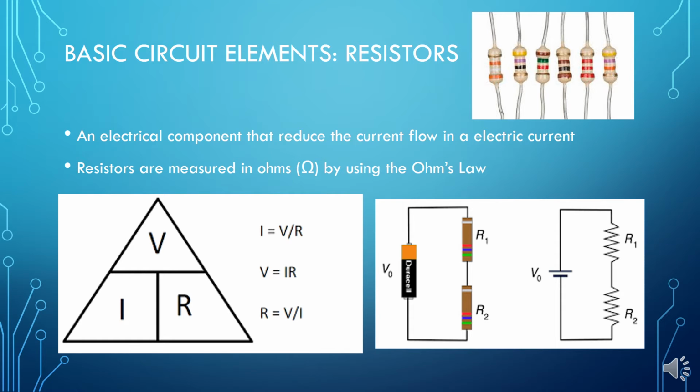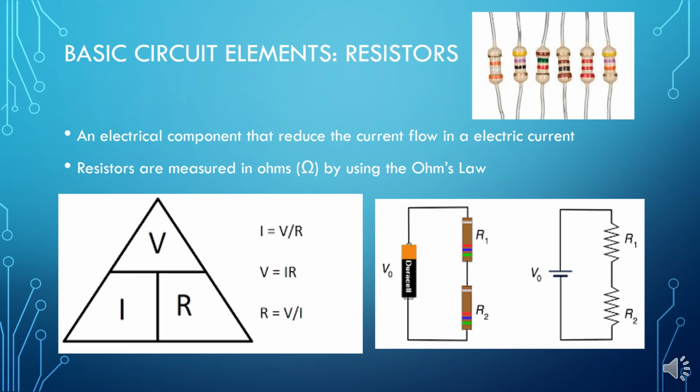As you can see, we have V, R, I, which represent voltage, resistance, and current. And here we have three Ohm's law formulas. I equals V over R. The second one, V equals I times R. And R equals V divided by I.